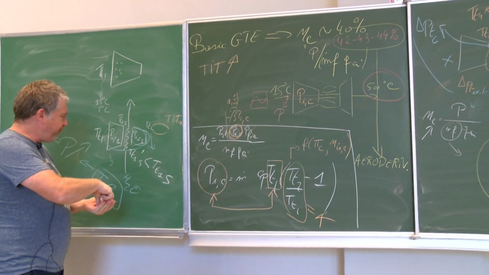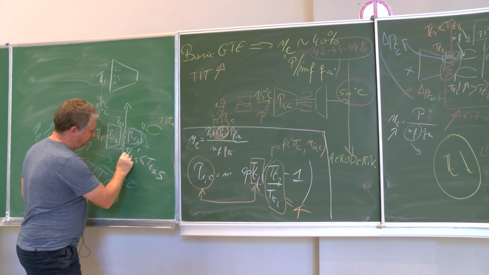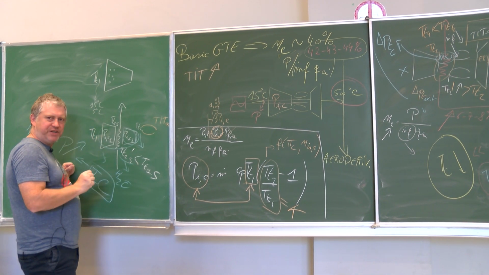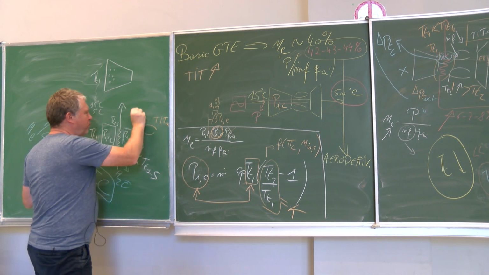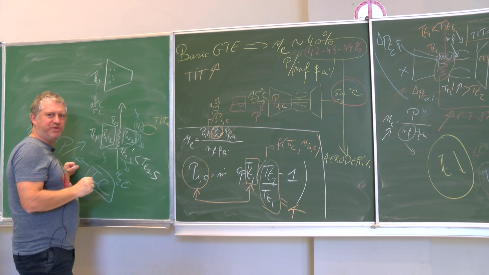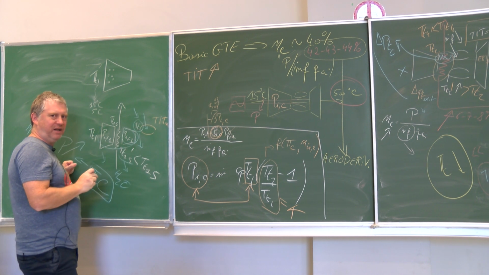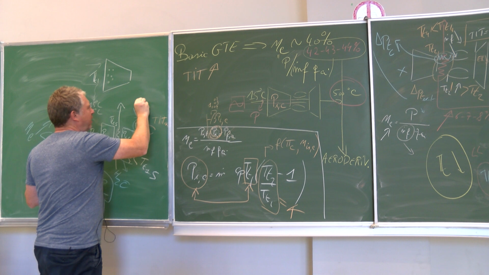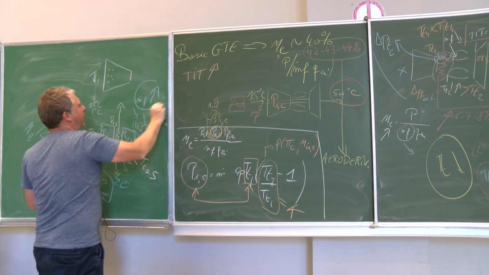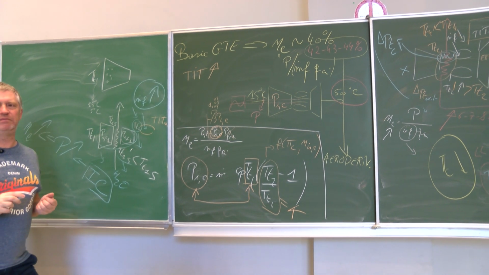But if you are reducing this temperature, TT2 will be also reduced. And so, in an intercooled cycle, what will you have? You will have an increase of m dot f.